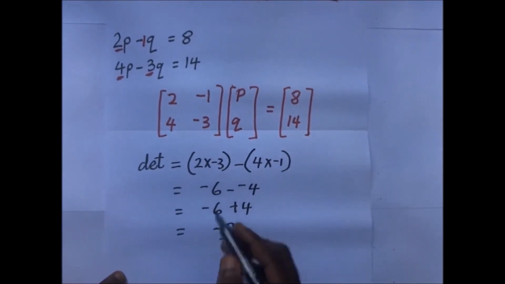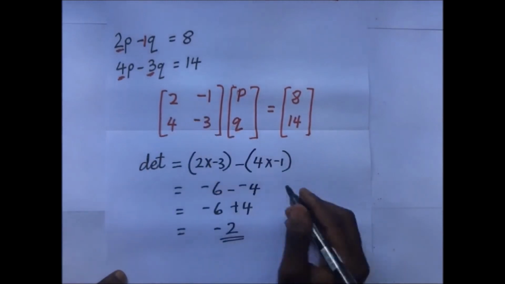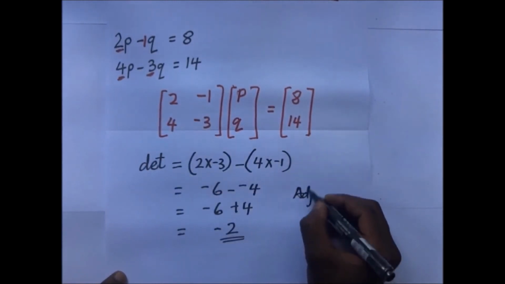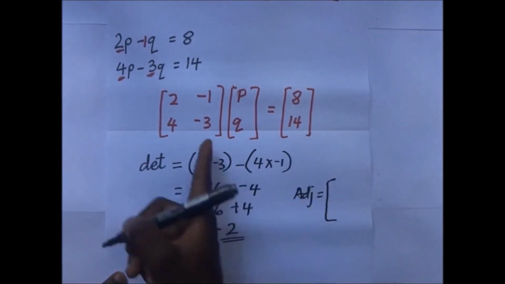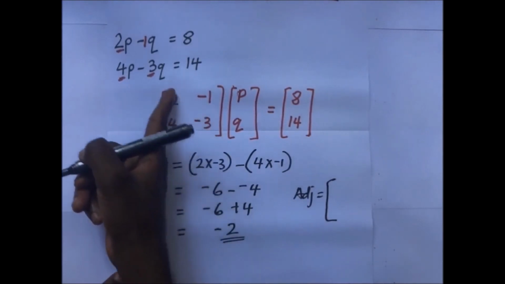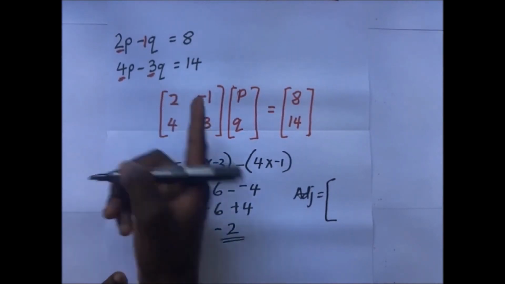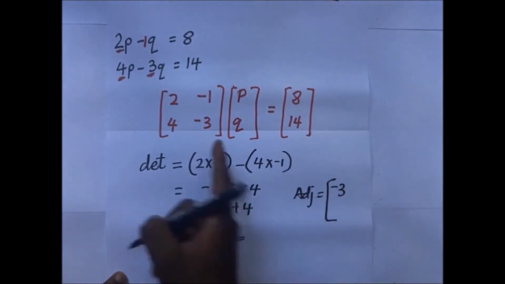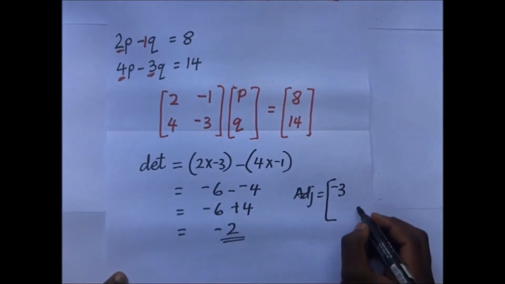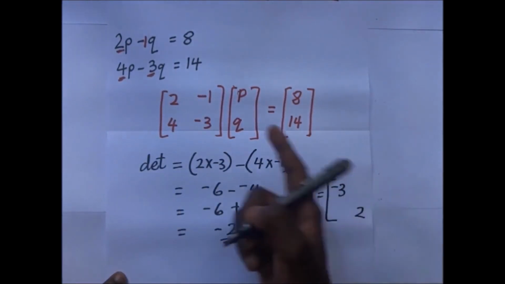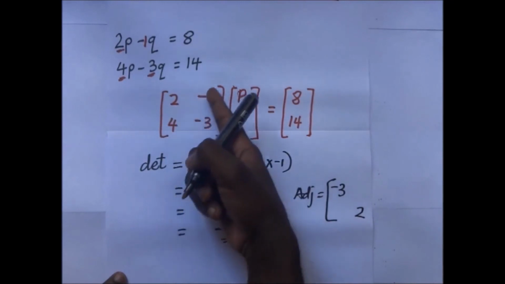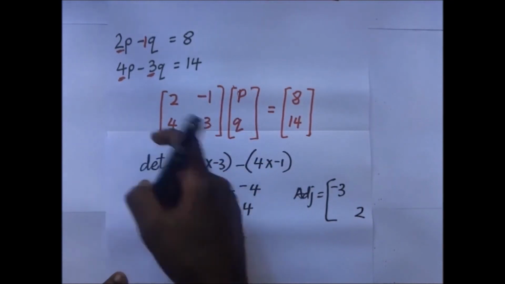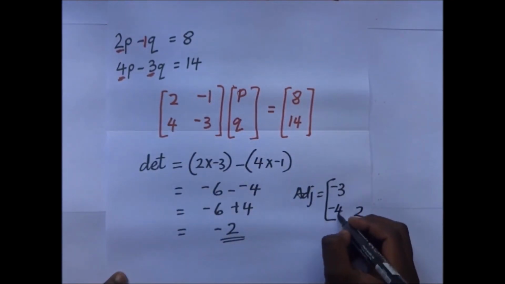So we go ahead and find the adjoint of this same matrix. The adjoint is simply going to become, we interchange these numbers in the main diagonal, so here we have negative 3, and this 2 comes down here. Then in this diagonal we multiply by negative 1. 4 times negative 1 is negative 4.